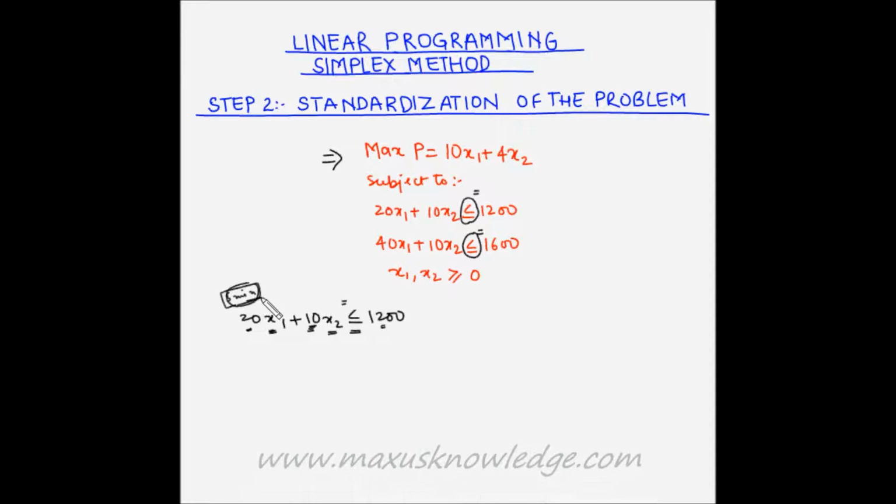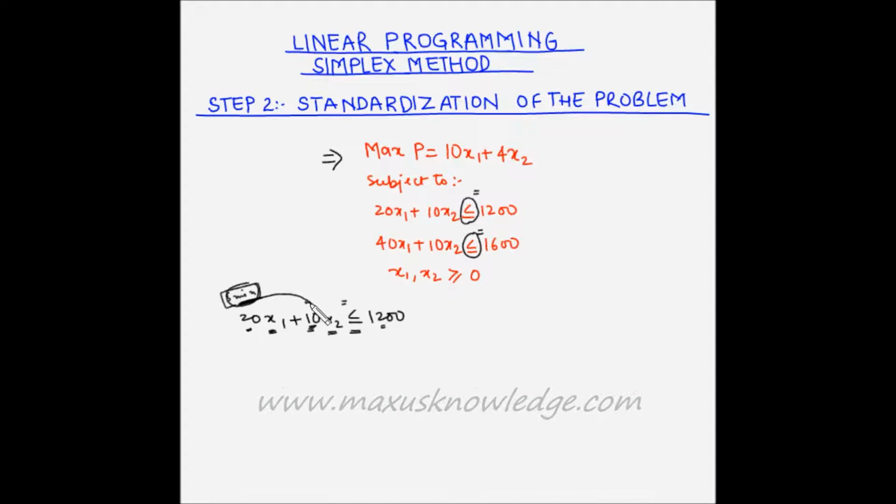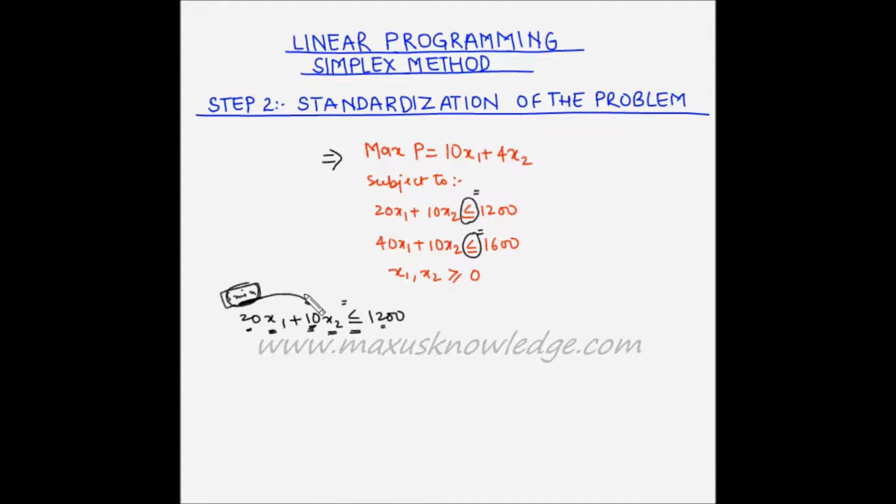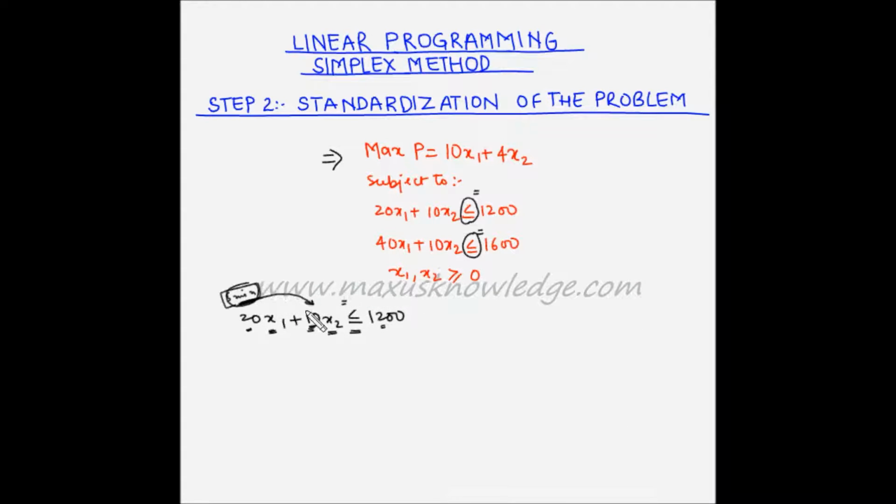So if we add this 5 minutes to this equation in terms of a variable which indicates the unutilized capacity or the time in the blanking shop, then we'll be able to make the left hand side equal to the right hand side.